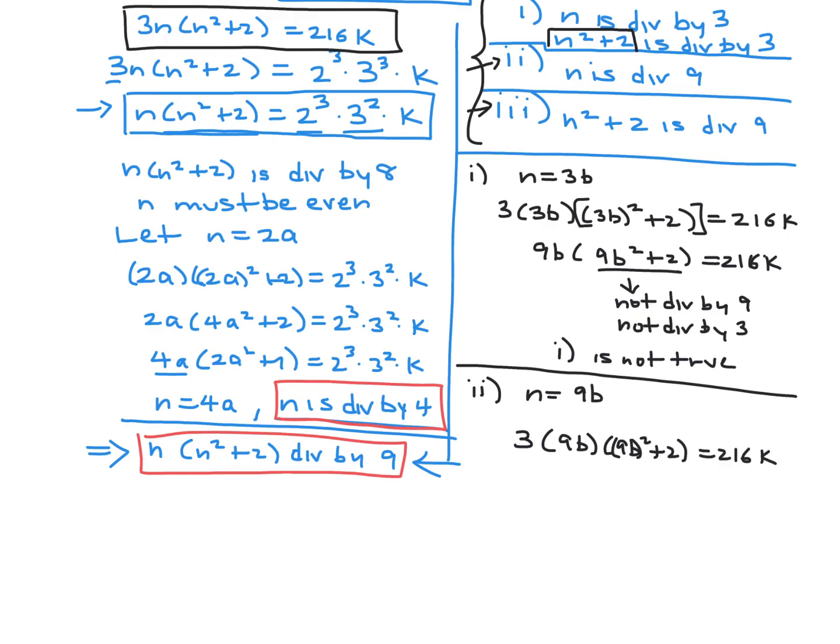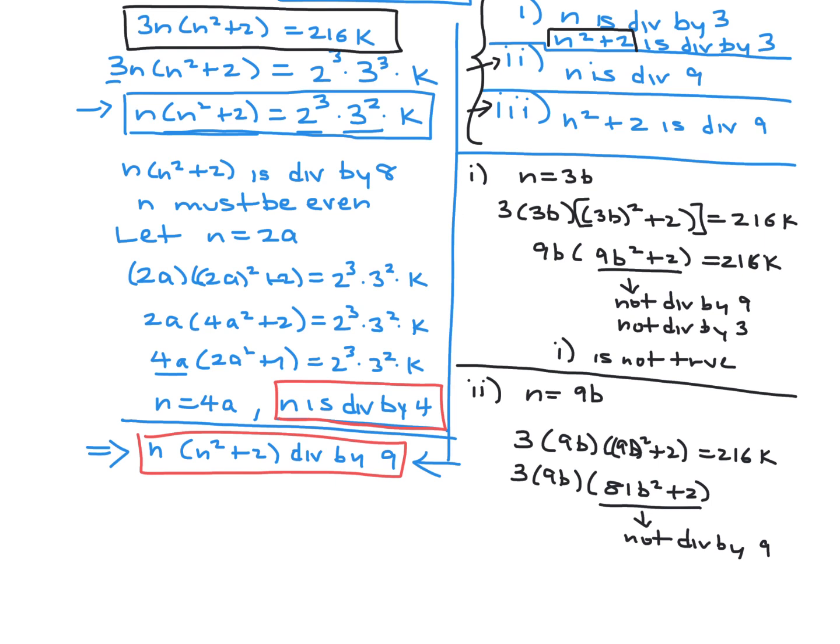So that is the same kind of story, really. That's 2 more than a multiple of 9, right? Because it's going to be 81b squared plus 2. And therefore, this is not divisible by 9, since it's 2 more than a multiple of 9.